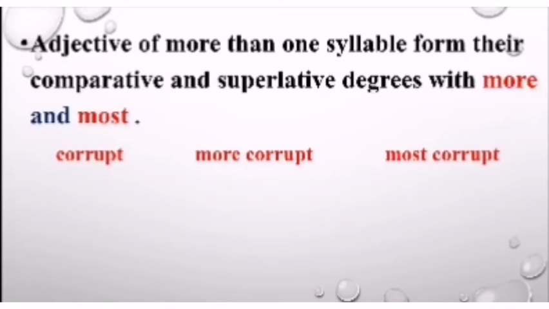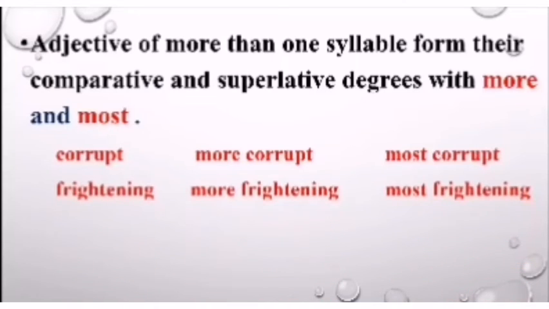Example: corrupt, more corrupt, most corrupt; frightening, more frightening, most frightening. So you understood: two syllables, then more and most; one syllable, then it's just er and est we have to use.